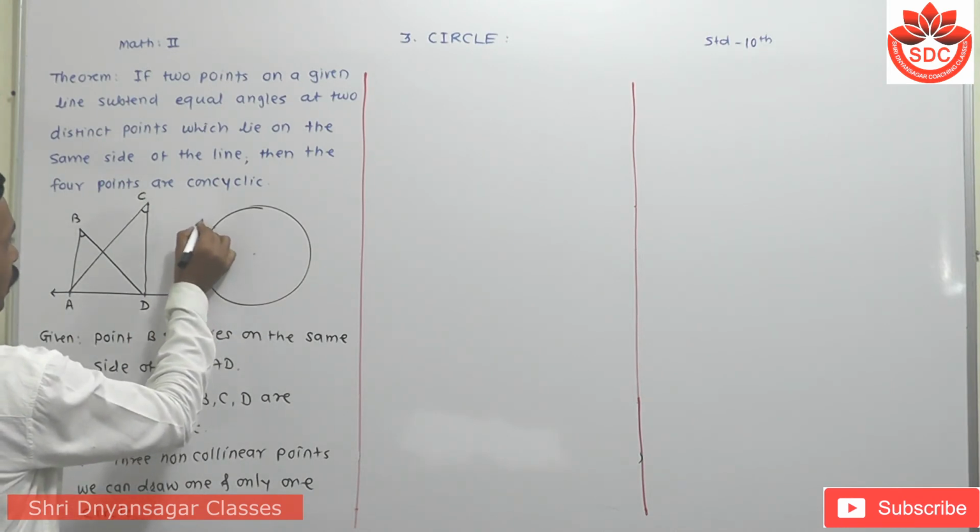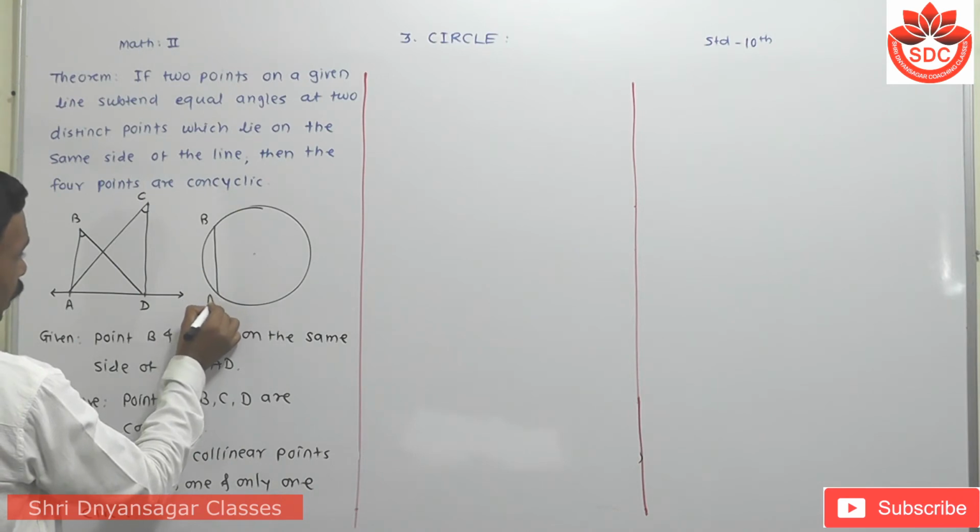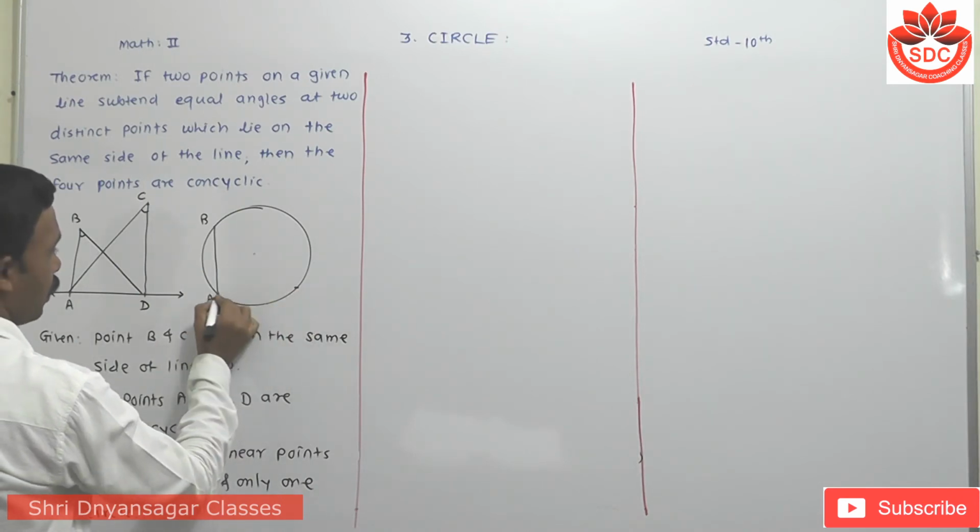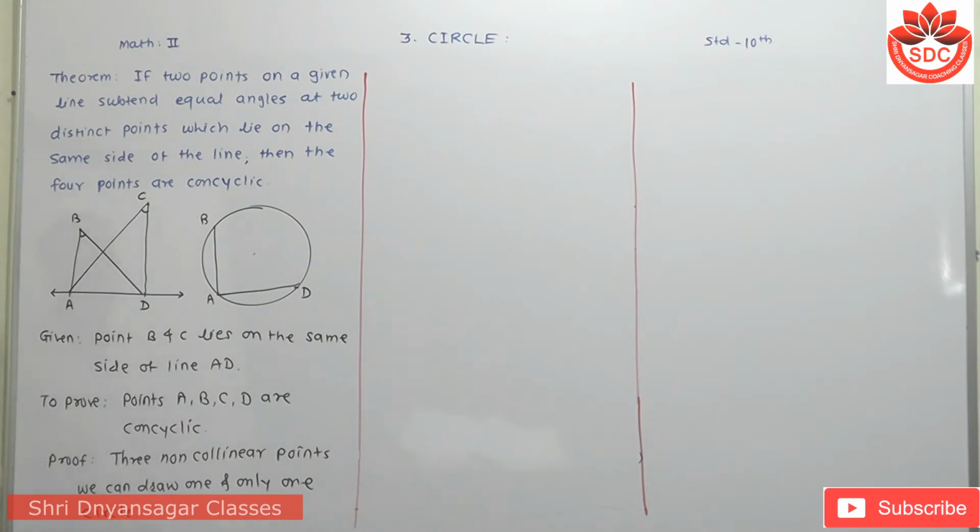Non-collinear points are, suppose here is B, here is A, and here is D. These are the three non-collinear points.